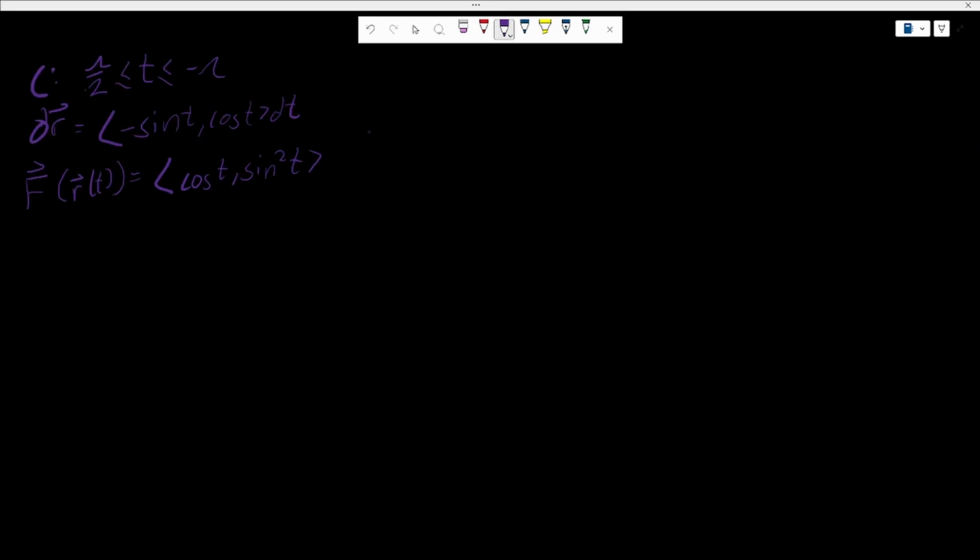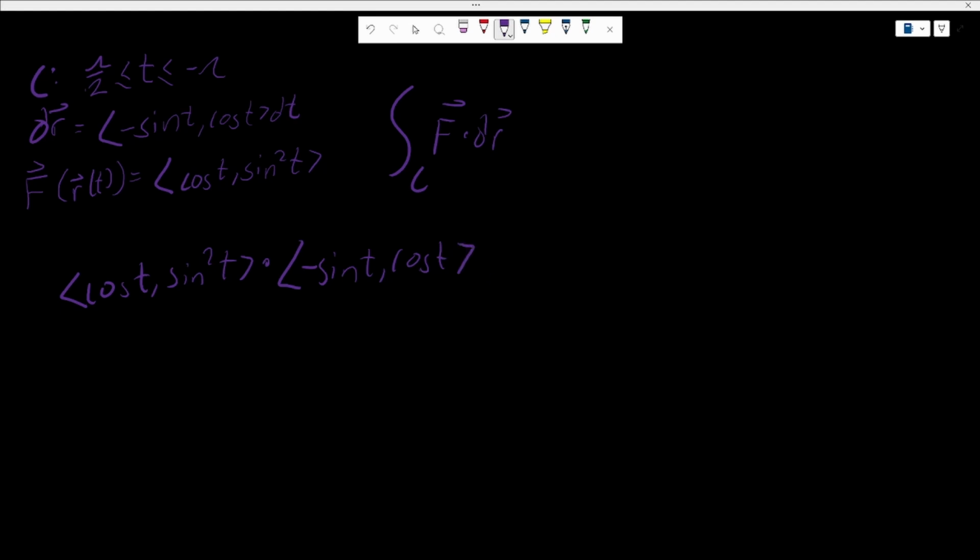Now that we have our key parts for our integral, let's begin evaluating it. To evaluate this, let's first start by taking the dot product of F dot dr. So we have (cosine t, sine squared t) dotted with (negative sine t, cosine t). The dot product is fairly simple.